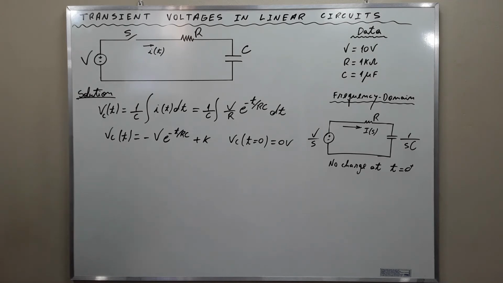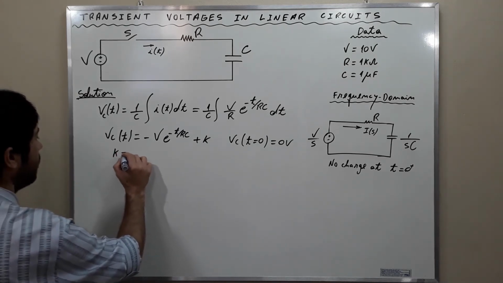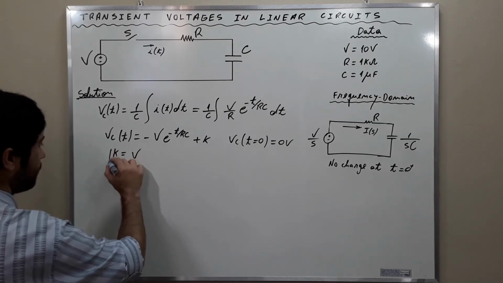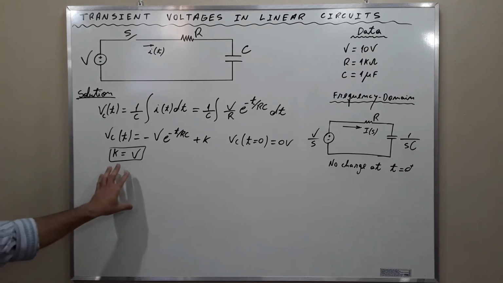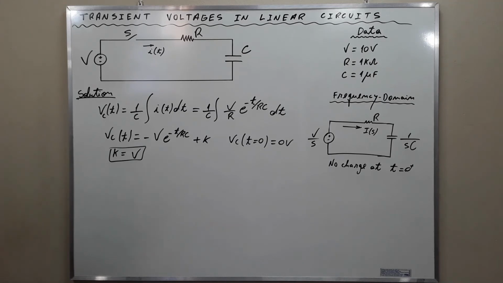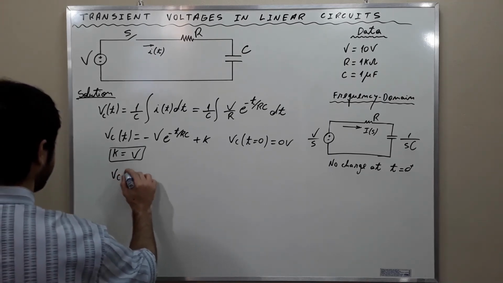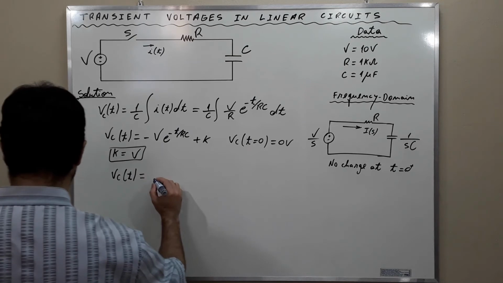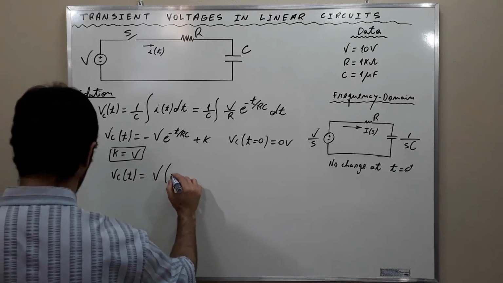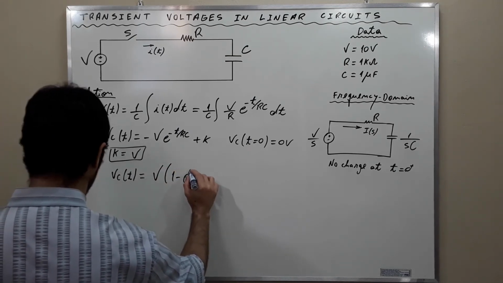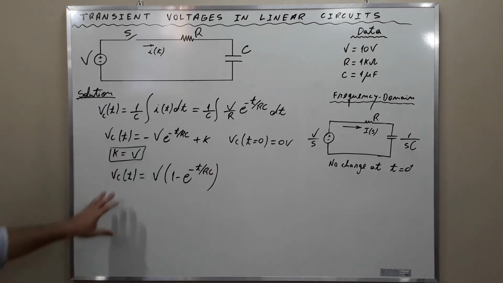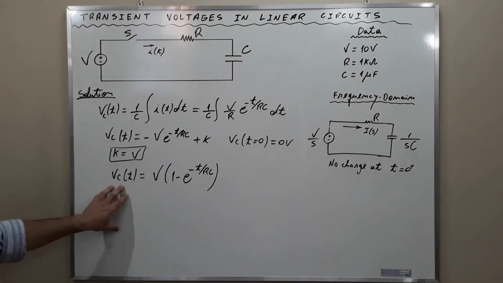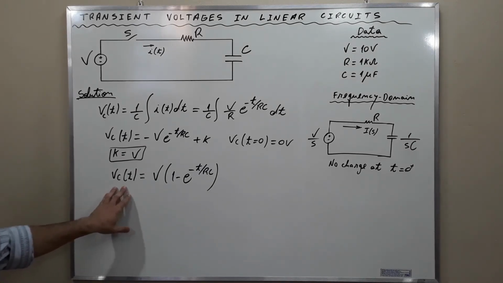Then we find that K is equal to V. K is equal to V. With this data, we can say that, okay, this is the capacitor voltage for all t greater than 0.